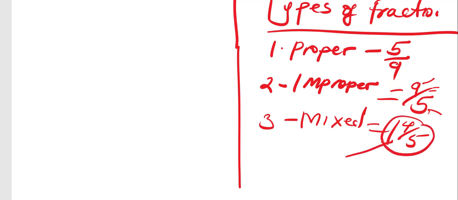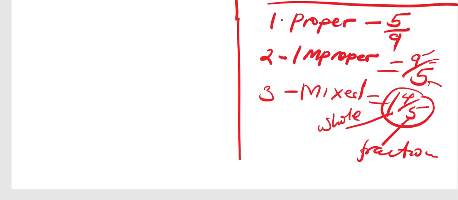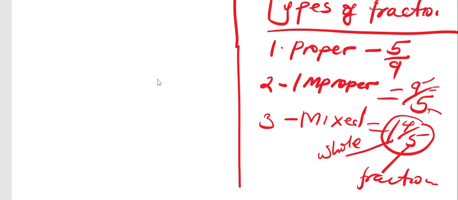A mixed fraction has a whole number and a fraction part. That's why we call it mixed fraction. So I think up to then you can now differentiate between types of fraction.